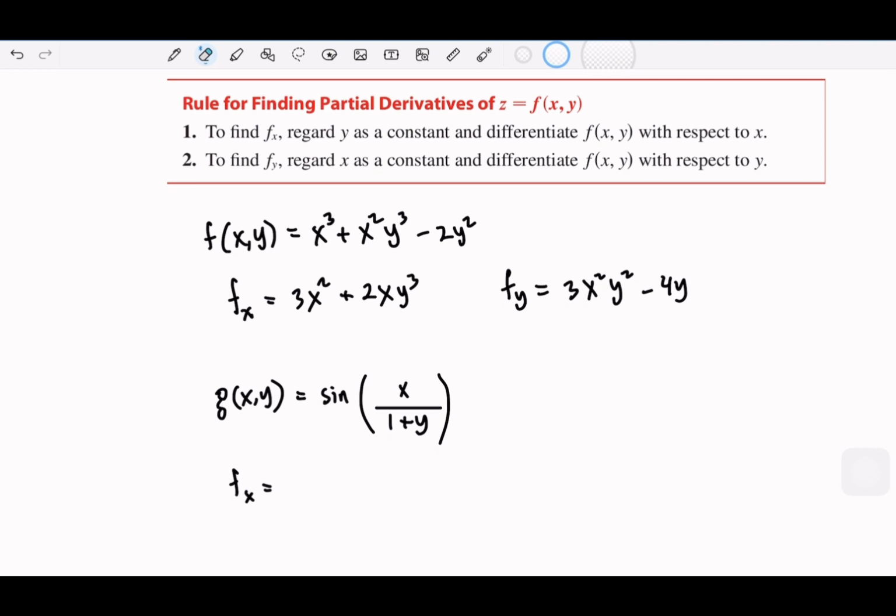So sine, I have here the two variables, x and y. If you would like to partially derive with respect to x, if you remember the chain rule that we have in calculus 1, we might apply it as well. Although later we have another chain rule in our partial derivative. We are not yet on to the chain rule in partial derivative, but we can use the chain rule in calculus 1. Right?